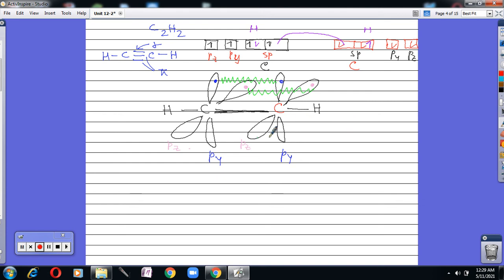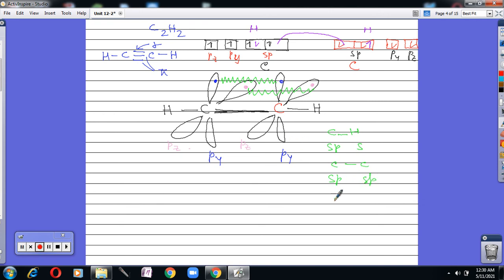So in ethyne, we can say the carbon and hydrogen bond nature is sp versus s. Carbon with carbon is sp versus sp, right?